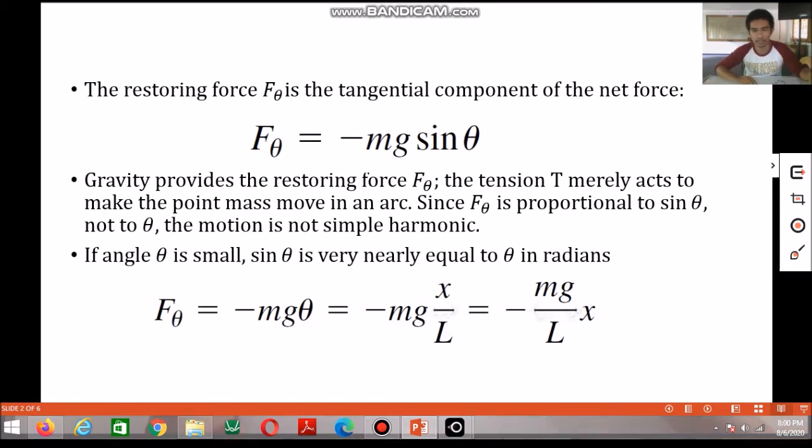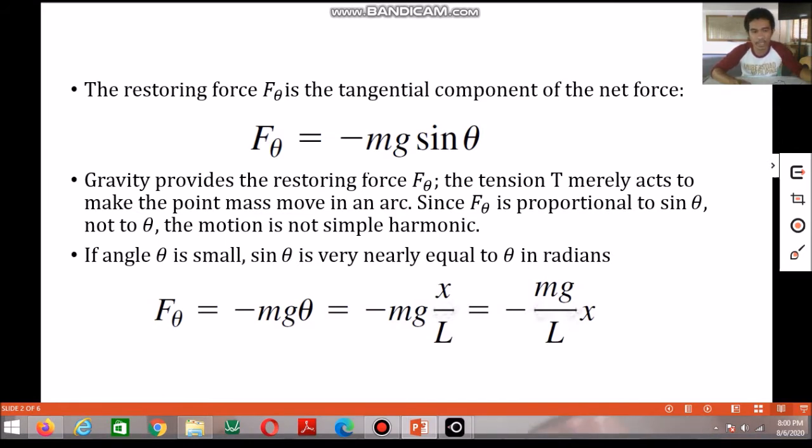But for a simple pendulum that is oscillating, we cannot say that the motion is simple harmonic motion since the restoring force is proportional to sin theta and not to the angular displacement theta.